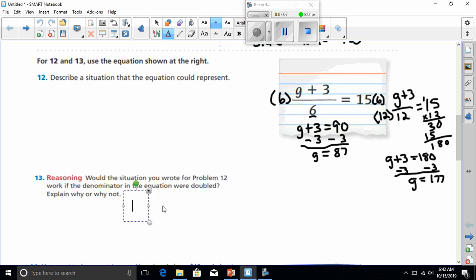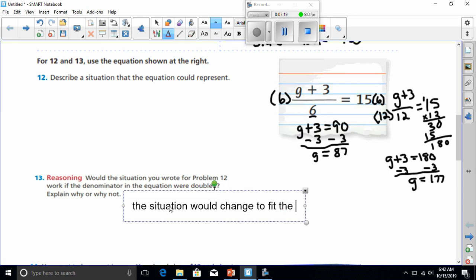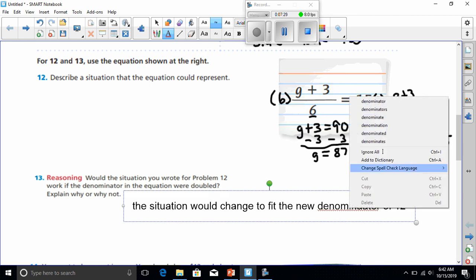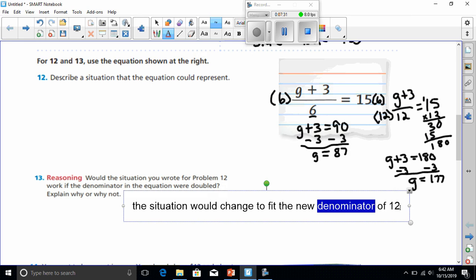So if I were to write that, I would have to say the situation would change to fit the new denominator of 12. Sorry about that.